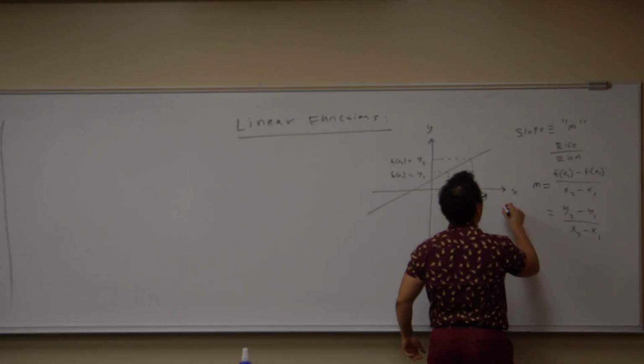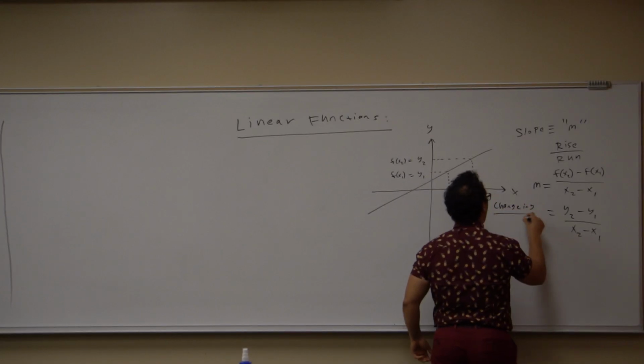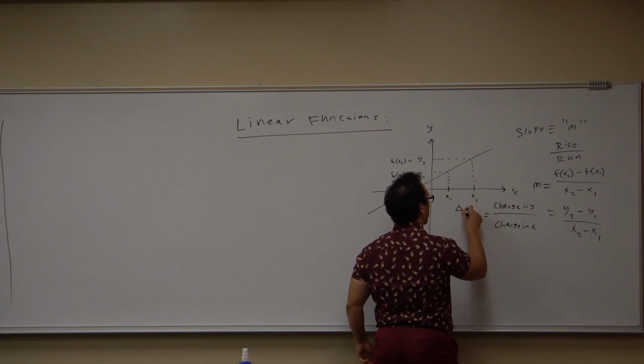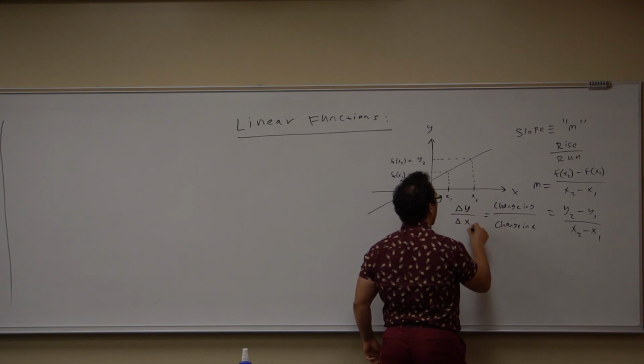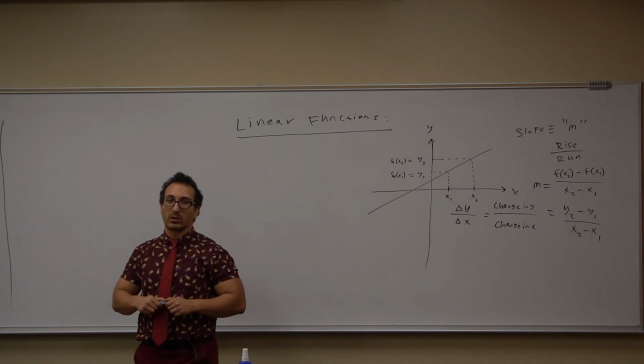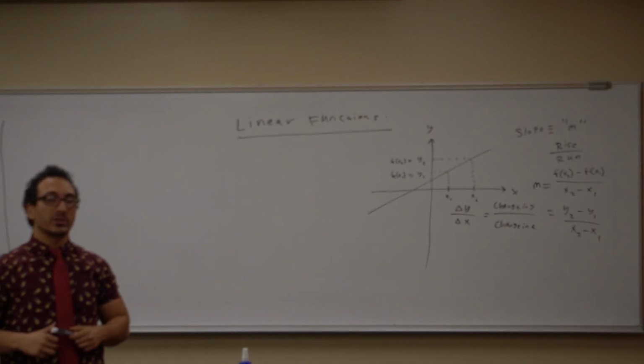It's also sometimes called change in y over change in x. And in mathematics, change is sometimes called delta. So another way we call it is delta y over delta x, or delta, that triangle-looking shape is what we call delta. That is there to signify a change or a difference.